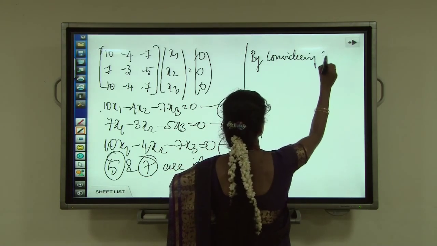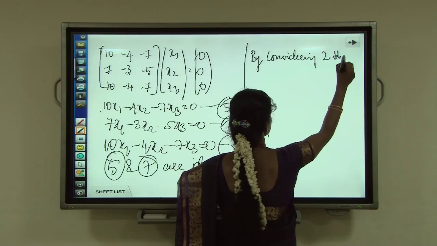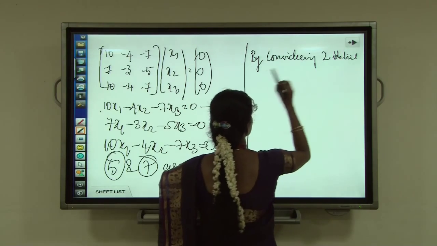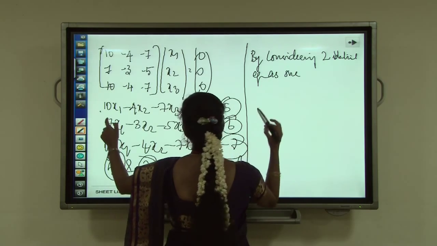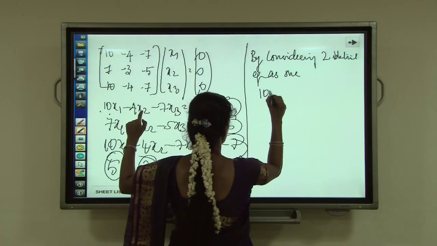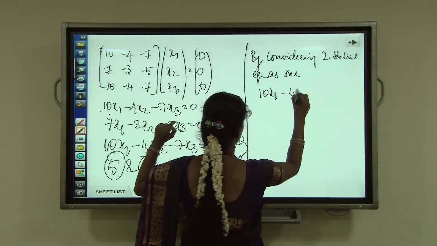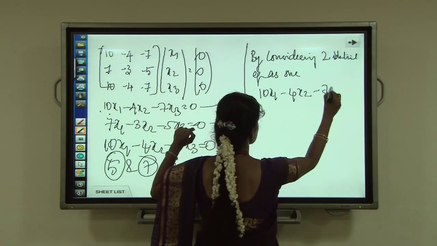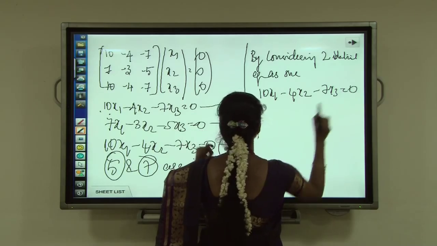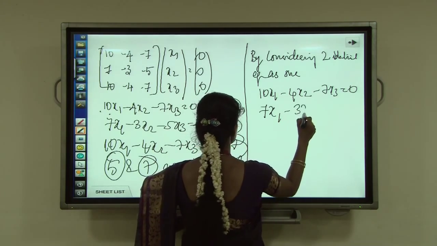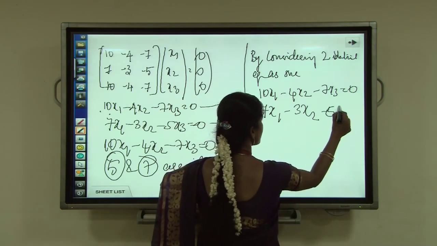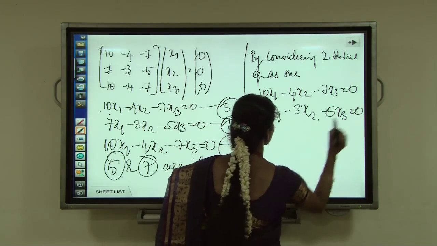So considering the two identical equations as 1, you are left with now 10x1 minus 4x2 minus 7x3 is equal to 0. The other one is 7x1 minus 3x2 minus 5x3 is equal to 0.